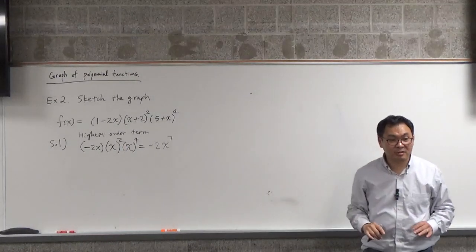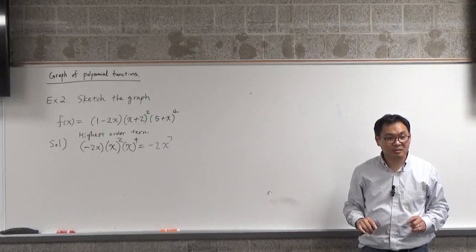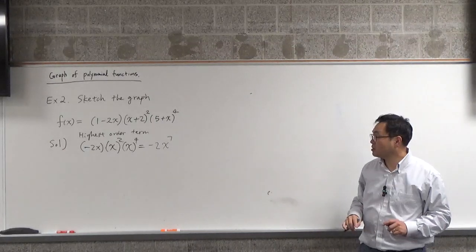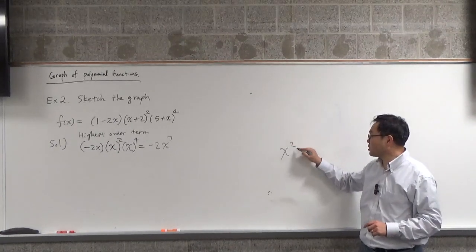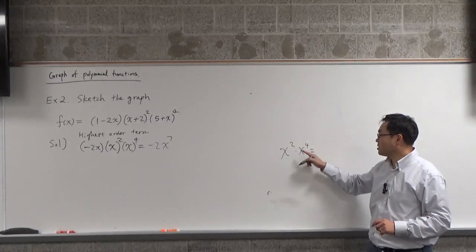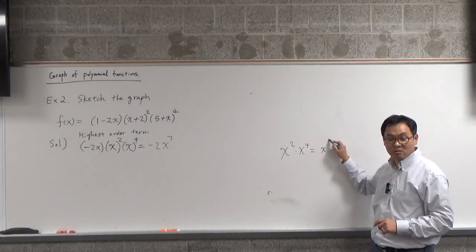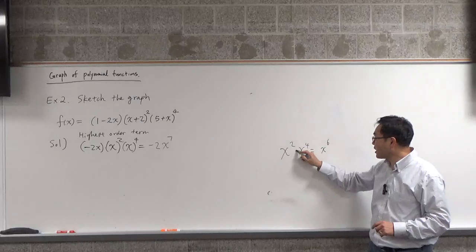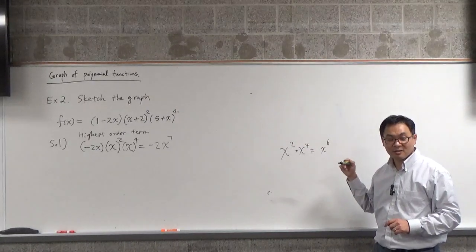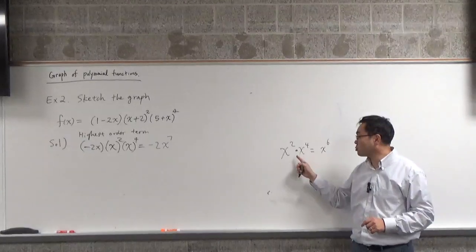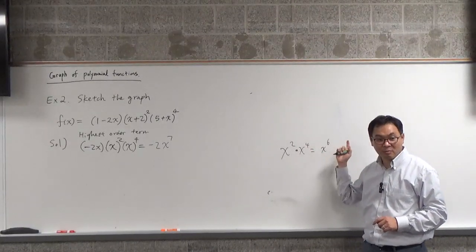Yes? Last time when we were doing this, we added them or we multiplied them together. How come we're adding the exponents this time? We are multiplying. If you multiply x squared times x to the 4th, it's what? X to the 6th power. We are multiplying, and this 6 is addition, right? So if you multiply two numbers with the same base, exponents add up.